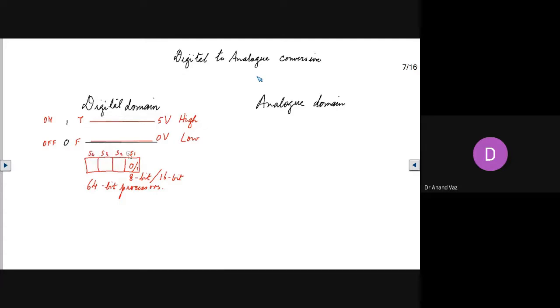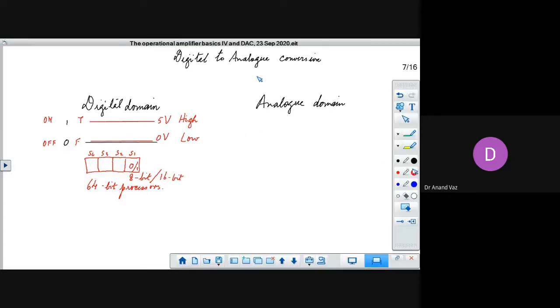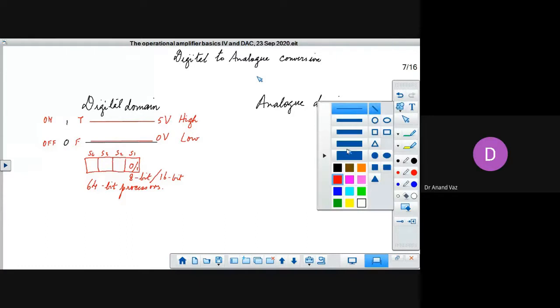Depending upon the state of these switches, whether they are on or off, we could consider that they represent a particular number. So this is the digital domain. In comparison, if you have a look at the analog domain, you may have the same.